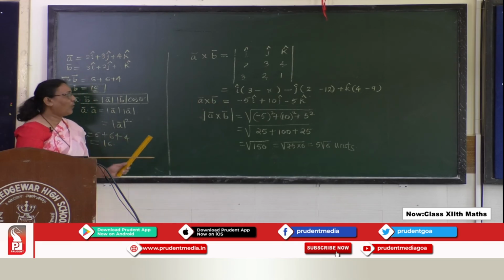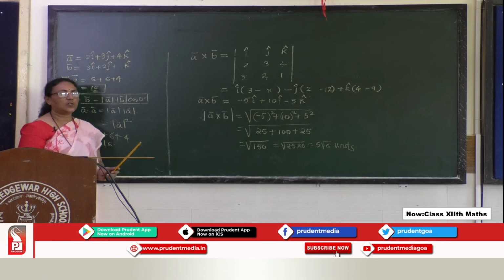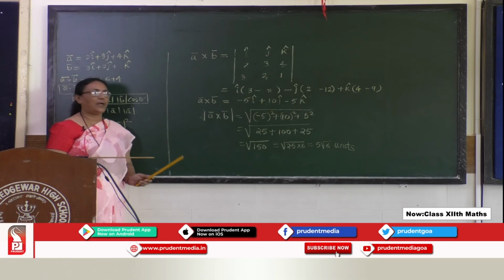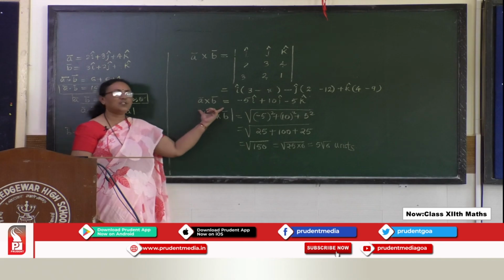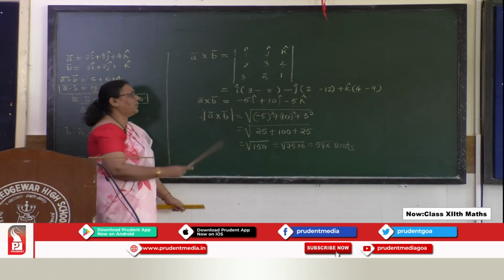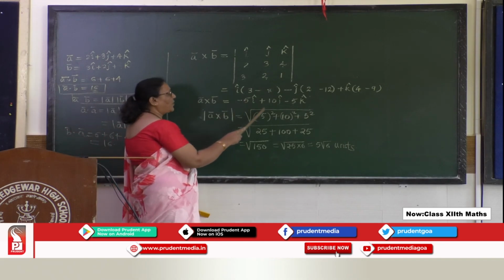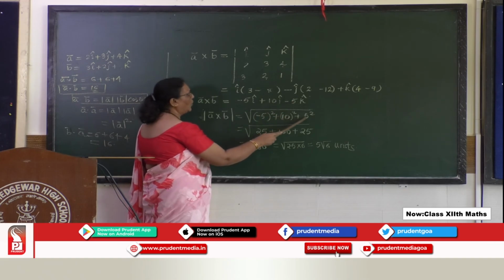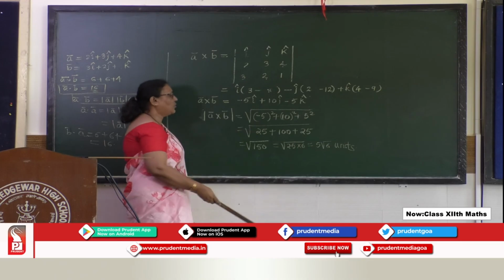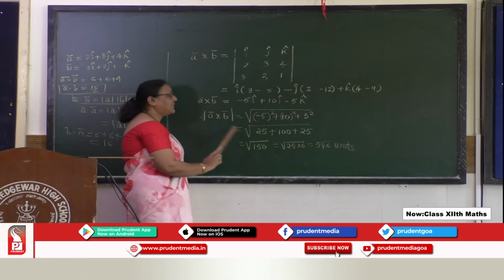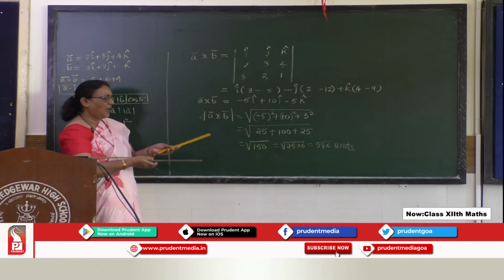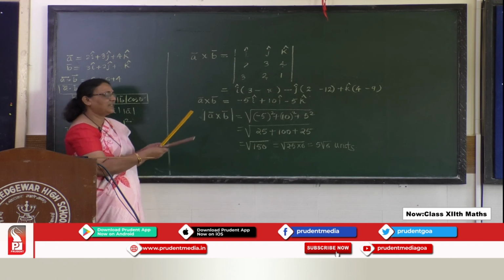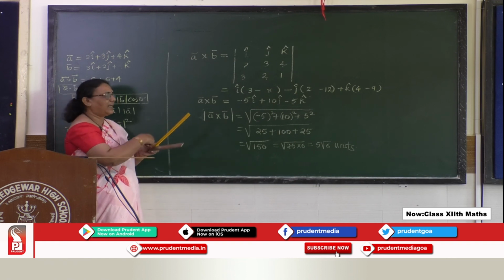Now this is a cross product. I had told you the application of cross product, it is the area of parallelogram. So if you take the modulus of this, it will be the square root of minus 5 the whole square, 10 the whole square, plus minus 5 the whole square. When you simplify this, you will get one answer, and this is the area of parallelogram whose adjacent sides are vectors a bar and b bar.